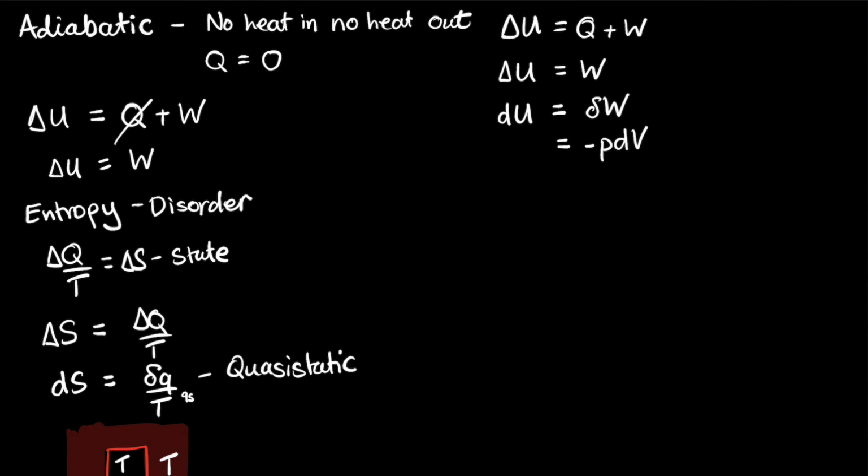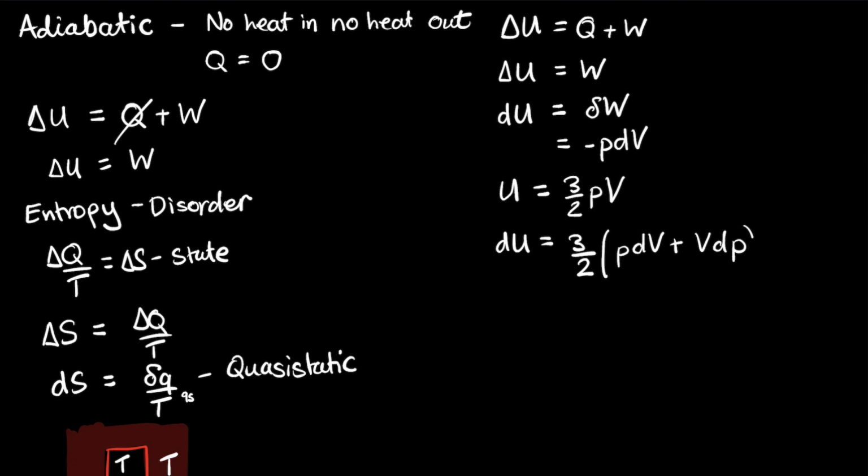But how do we evaluate dU? Well, we need to use our good old approximation of the ideal gas yet again, that U is 3/2 PV, which is true for an ideal gas. And what is dU? Using the product rule, as we did in the last video, it's 3/2 times (P dV plus V dP).